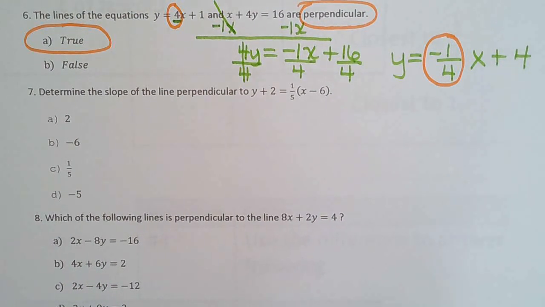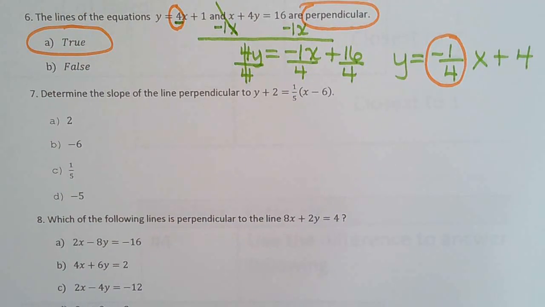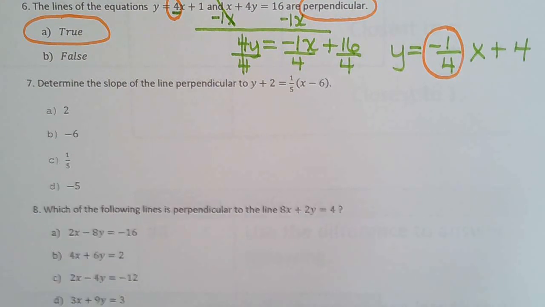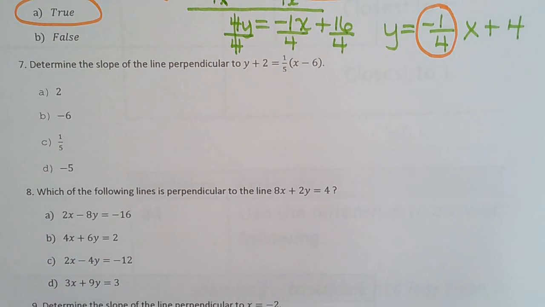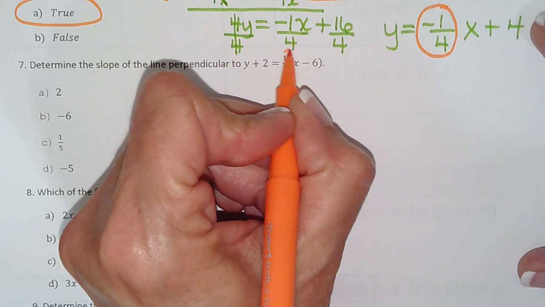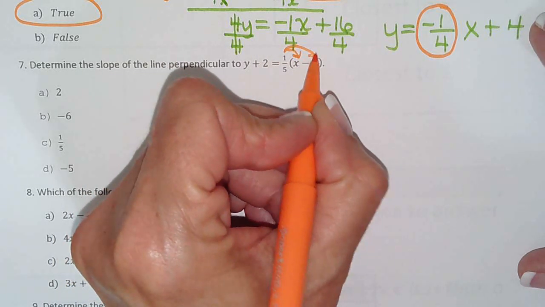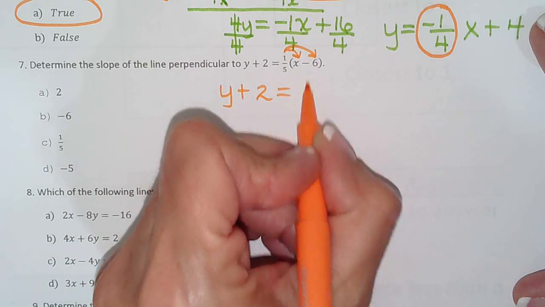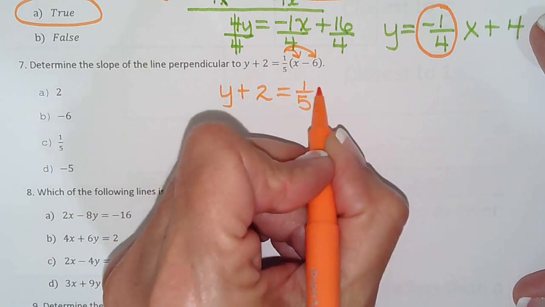Determine the slope of the line perpendicular. So do you guys recognize this as point slope form? If you don't, that's okay, because guess what you can do? You can do this. So y plus 2 equals 1/5 x.